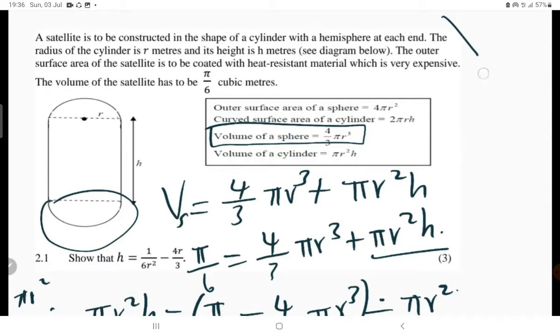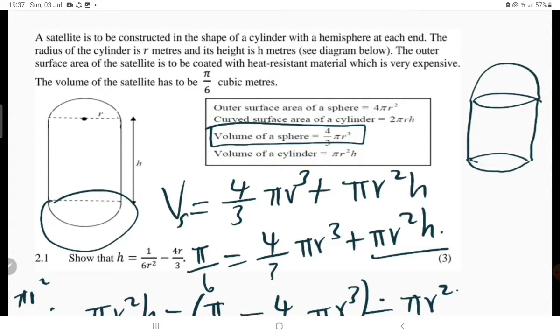But there's something unusual about the cylinder, because if we are having the cylinder like this, this cylinder is open on its ends, right? It's open because there is a hemisphere enclosing it on each end.